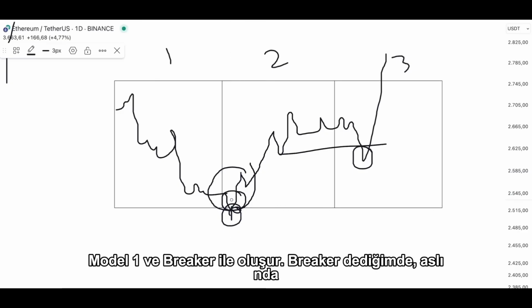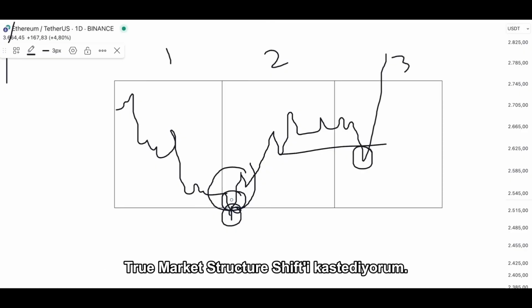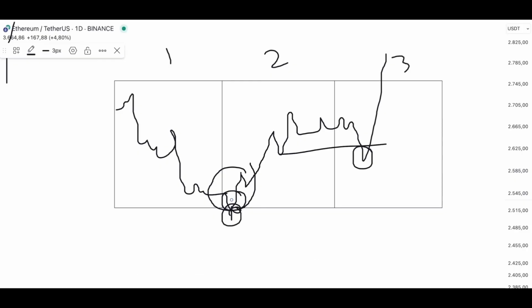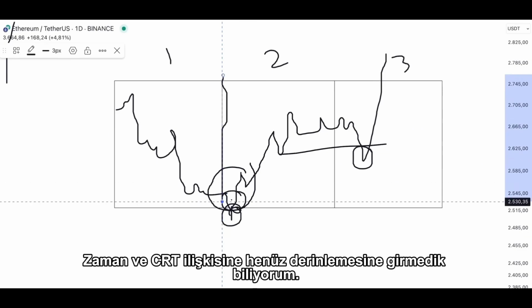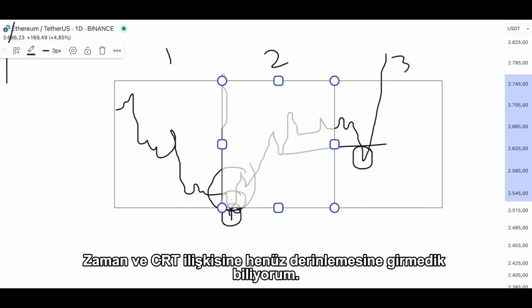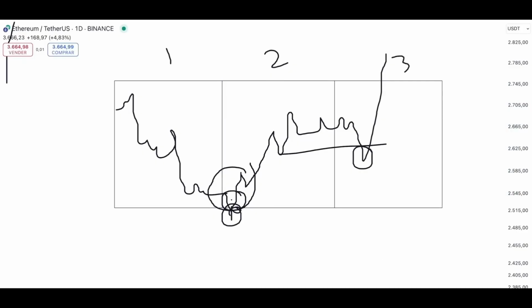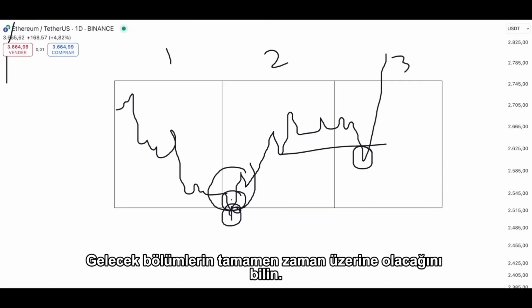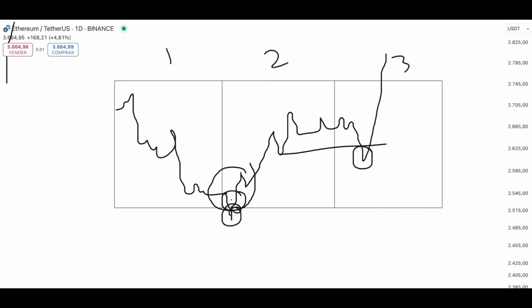When I say breaker, then I mean a true market structure shift. Right? And I know we haven't delved into time and CRT yet, right? But we will in the upcoming episodes. Right? So expect the upcoming episodes to be filled with time.